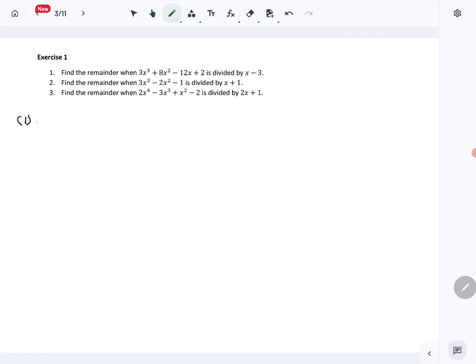Let's take the polynomial to be f of x: 3x cubed plus 8x squared minus 12x plus 2. What is the divisor? x minus 3. So what is the remainder going to be when we divide this polynomial by x minus 3?